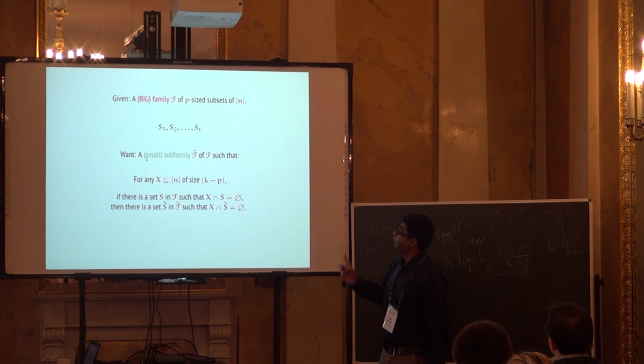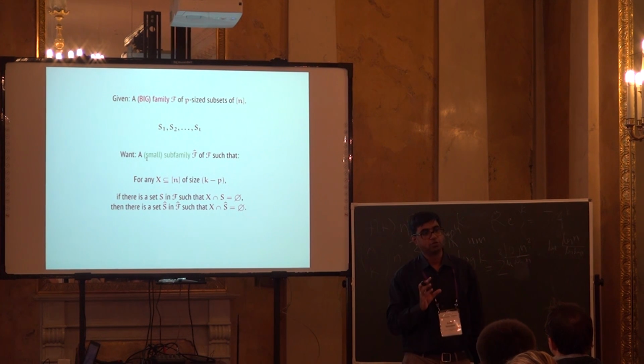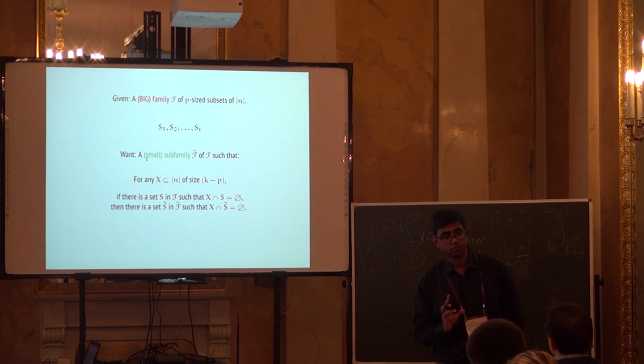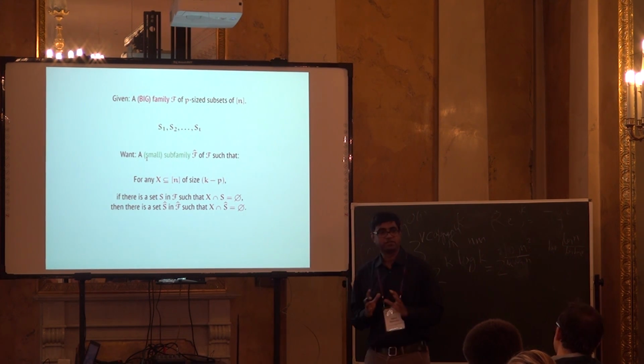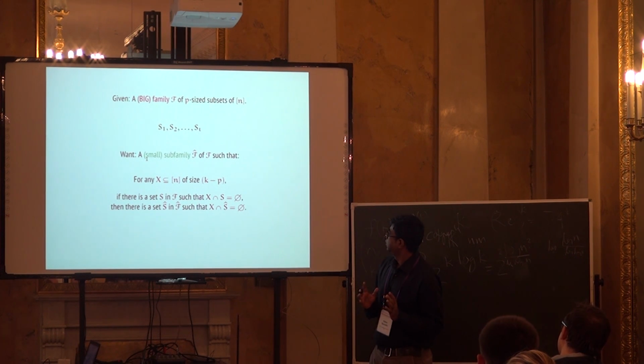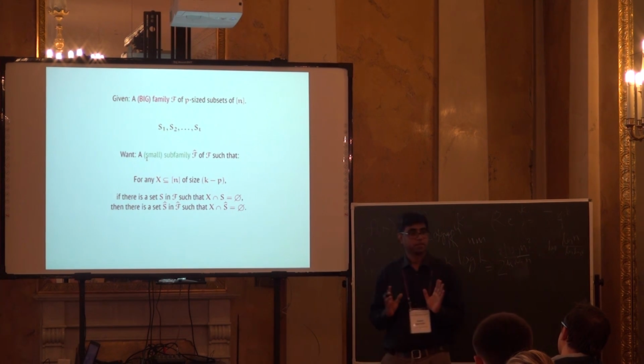For any X subset of [n] of size k minus p, if there is a set S in F such that X intersection S is empty, whether they form a path or not, I do not care. All I'm asking is, you give me any k minus p size set such that I have a set in my family disjoint from it. Then there is a set S hat in F hat such that X intersection S hat is empty. That is my goal.